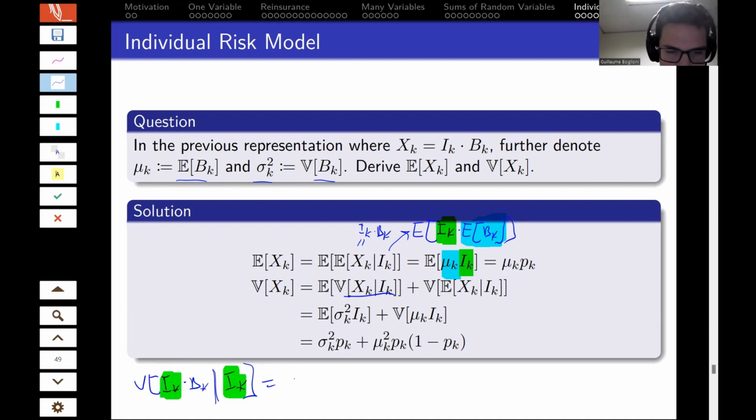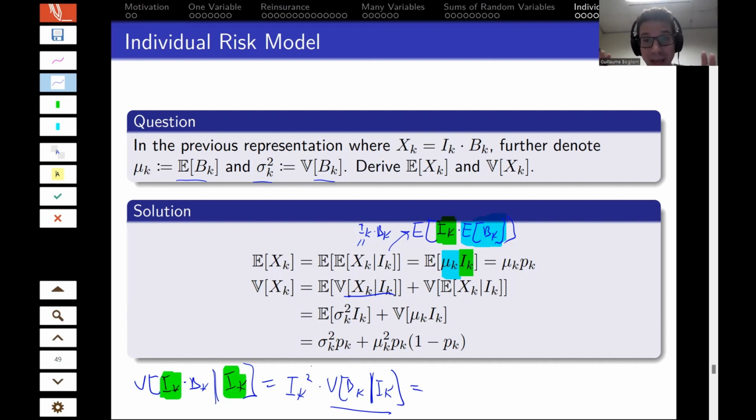Okay, so in general, in full generality, this is going to yield IK squared times the variance of BK knowing IK. But again, variance of BK knowing IK is just variance of BK because BK and IK are independent. So knowing IK doesn't change anything in the BK, and specifically in the variance of BK. Okay, so then you can rewrite this, but here it's just IK squared.